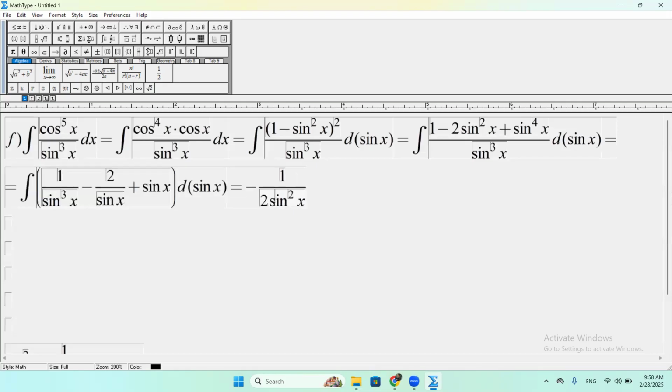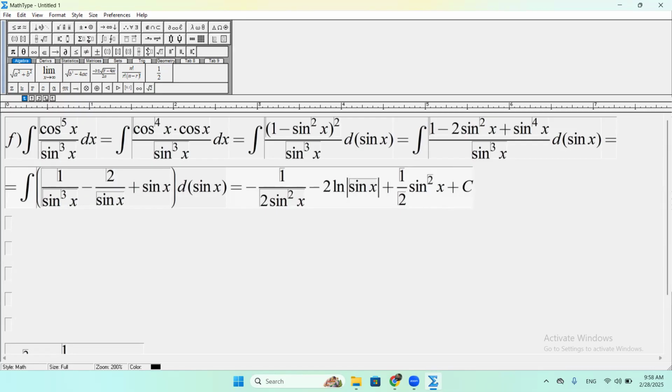So we need to divide by minus 2. So everything is correct now. Minus 2 logarithm of module of sine x and plus 1 over 2 sine square x plus c.